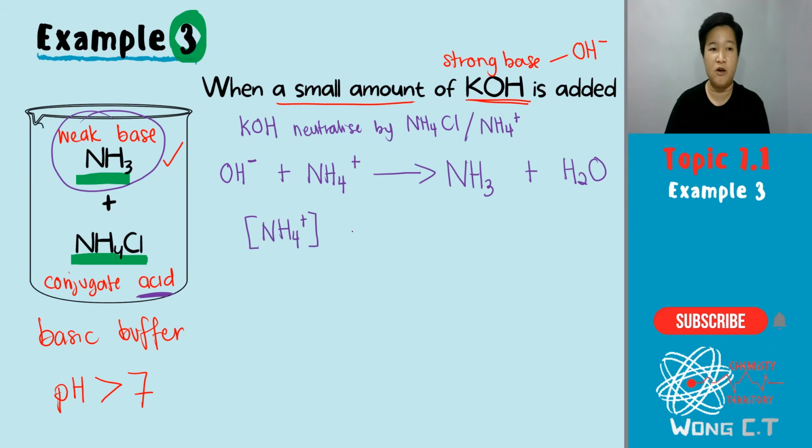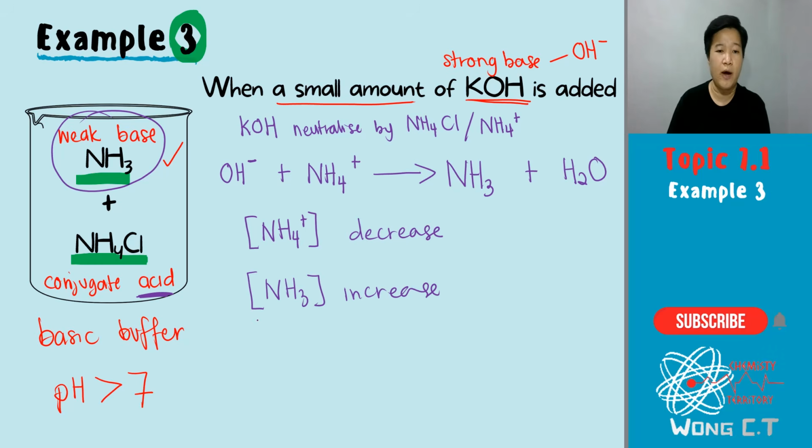As a result, what will happen to the concentration of your NH4+? The concentration of your NH4+ over here will decrease because it's being used. Vice versa, the concentration of your NH3 over here will increase because it's being produced. And knowing that your NH3 is a weak base over here, so weak base is increased and produced.